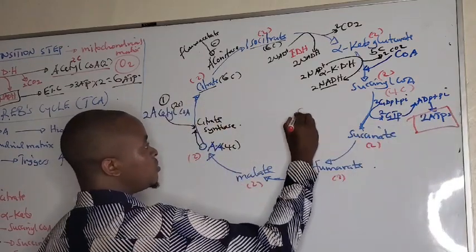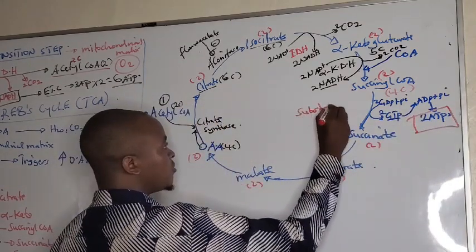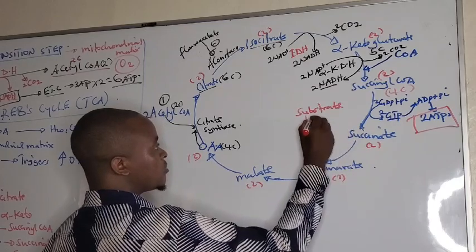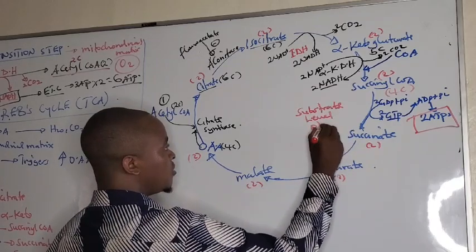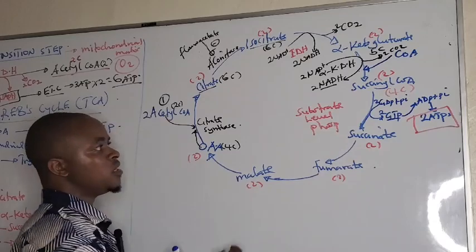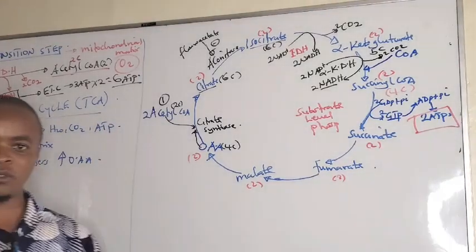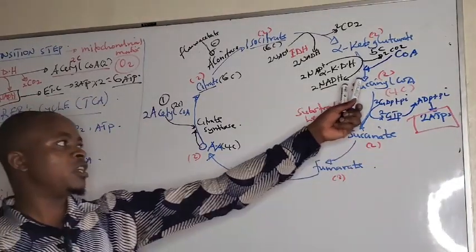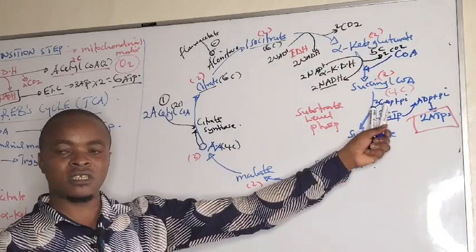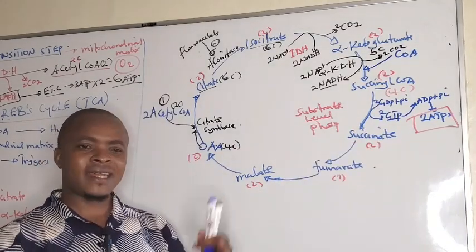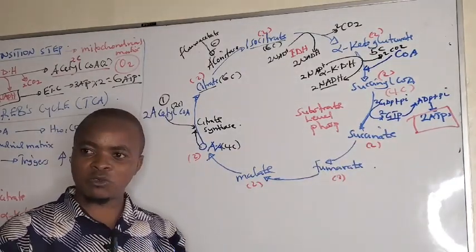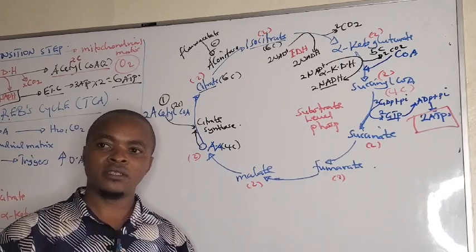So this is the only substrate level phosphorylation in the Krebs cycle. As I told you, in substrate level phosphorylation, the higher energy compound donates a phosphate to ADP to form ATP directly at a substrate level without going into the electron transport chain.